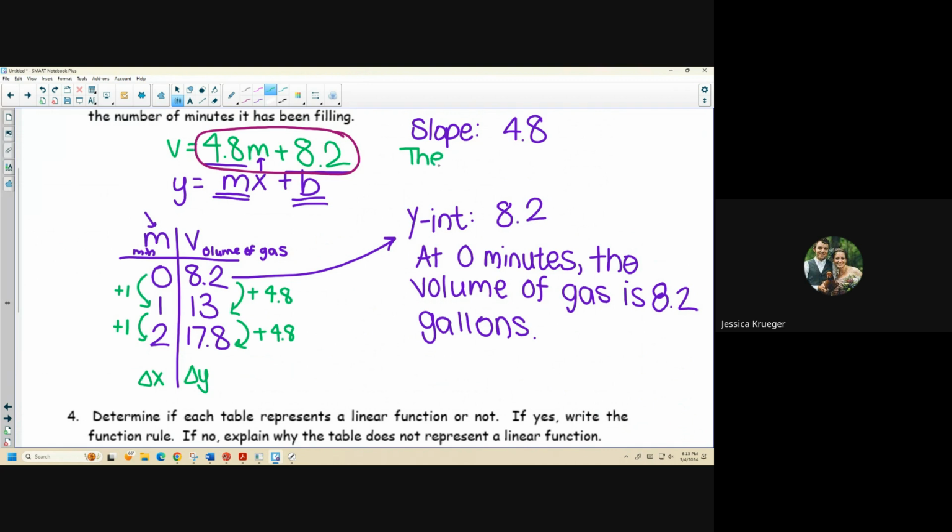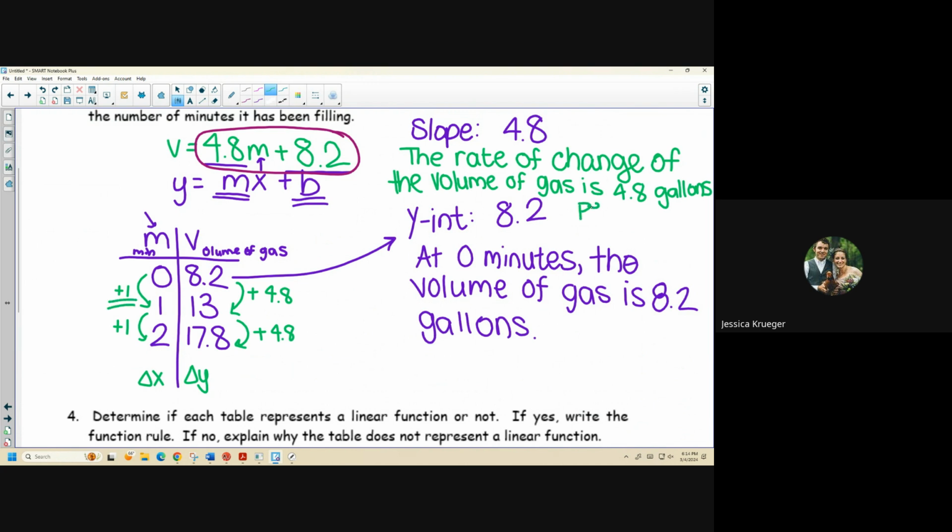Remember, slope is a rate of change. So the rate of change of the volume of gas is 4.8 gallons. Now, what are we measuring it in? It goes up 4.8 gallons every what? Every 1 minute.